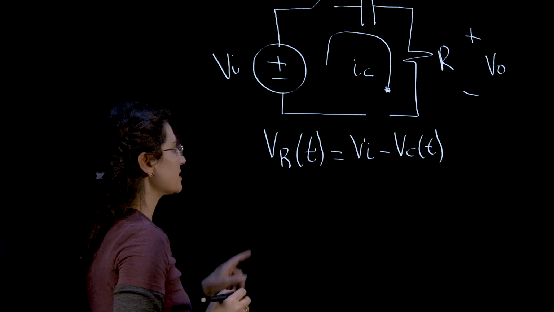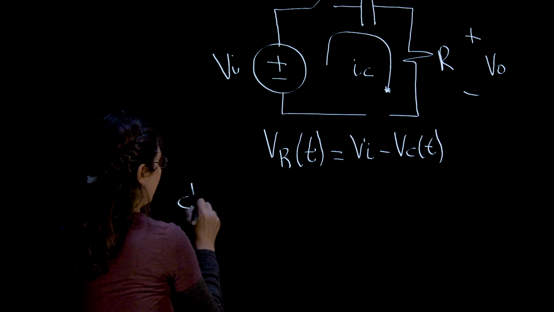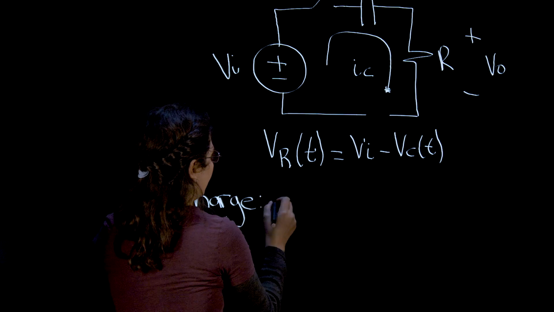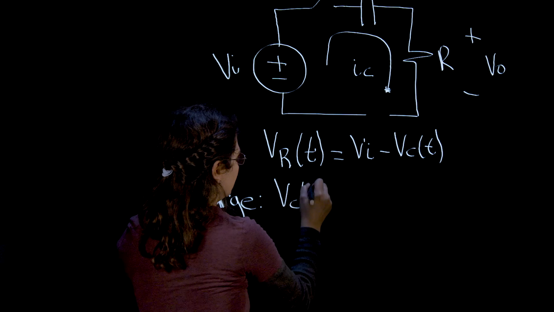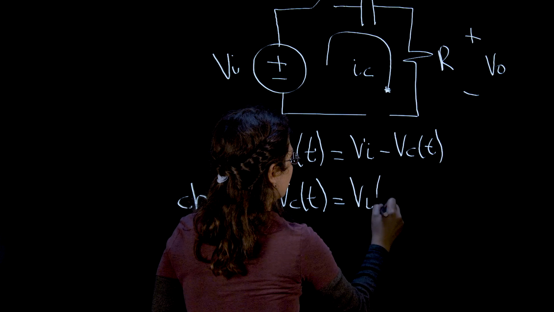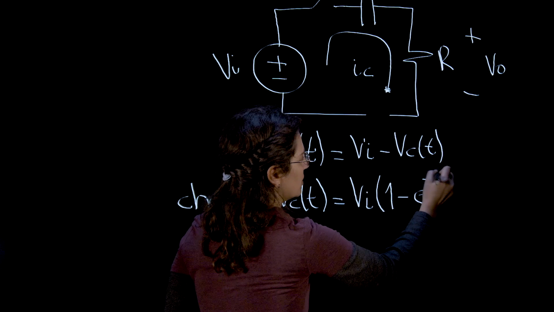We calculated in the previous videos that for the charging case, the voltage in the capacitor equals V in times 1 minus e to the minus t over tau.